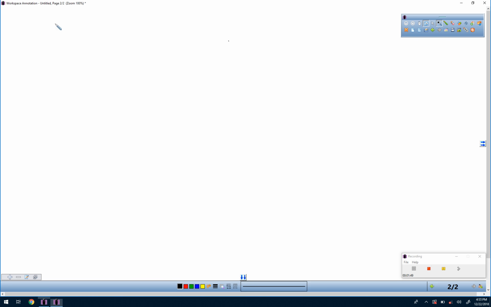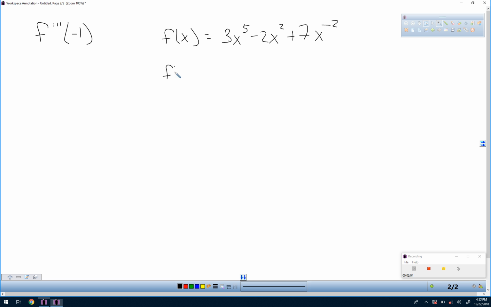So for example, let's say I wanted you to calculate the third derivative at -1 for the function f of x equal to 3x to the fifth minus 2x squared plus 7x to the -2. You could easily find that by first taking the first derivative, which would be 15x to the fourth minus 4x minus 14x to the -3.